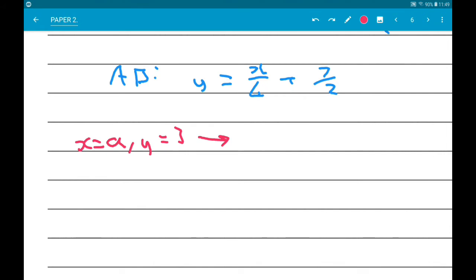So we get 3 is a over 4 add 7 halves. Now if we multiply through by 4, we get 12 is a add 14.